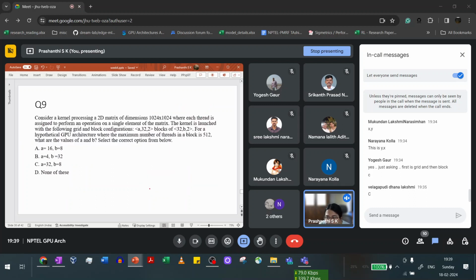Okay. Consider a kernel processing a 2D matrix of dimensions 1024 into 1024. Each thread is assigned to perform an operation on a single element of the matrix. The kernel is launched with the following grid and block configurations: A, 32, 2, 32, B, 2. For a hypothetical GPU architecture where the maximum number of threads in a block is 512, what are the values of A and B?